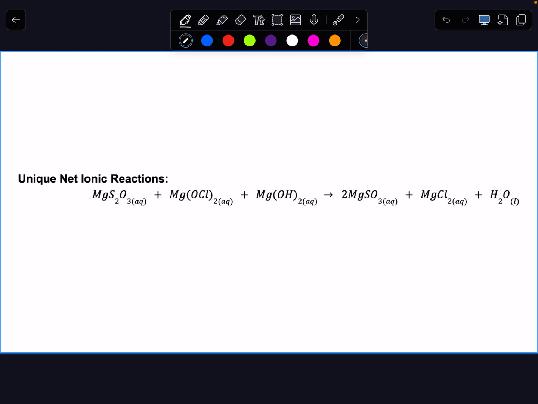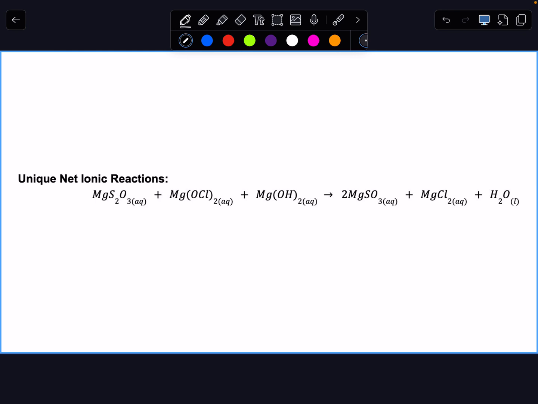When you come across what is called not a double replacement. I put unique, but the way to look at it is it's not a double replacement. So double replacements are like all the examples we've seen so far where you have 2 things here, they switch partners to the other side, okay? If it's not a double replacement, the process is still the same, but what we're going to find is it doesn't simplify as nice.